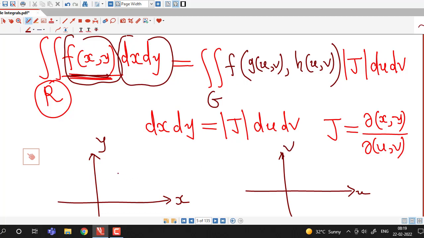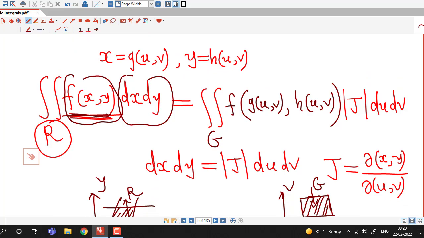So suppose we have some region, this type of region, suppose this is the region R in the XY plane, then that region can be transformed into another region, for example a rectangular region in the UV plane. So suppose this is G. So we will see this type of problems in upcoming lectures.